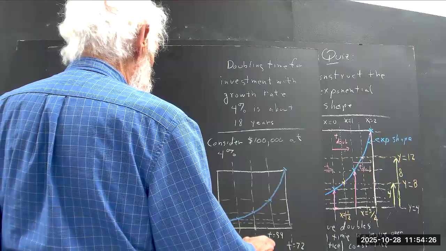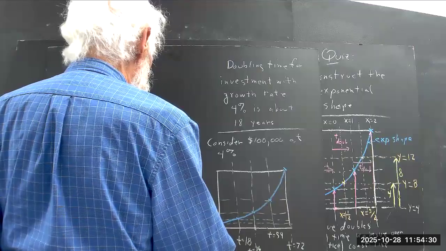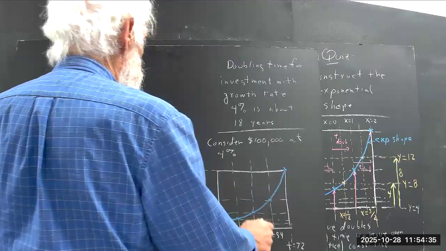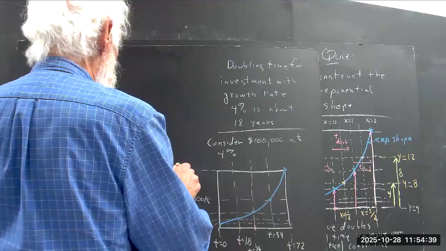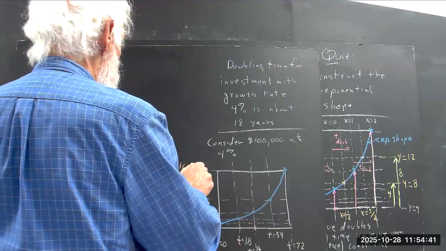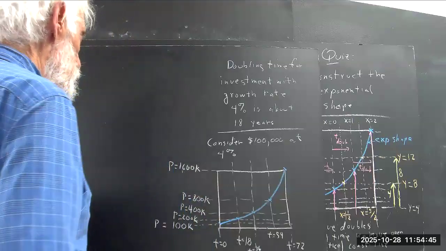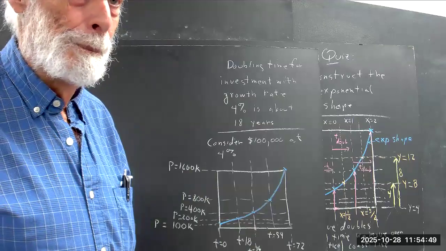Between t equals 36 and t equals 54, it goes up to 800,000. And between t equals 54 and t equals 72, it doubles once again, to 1,600,000 or 1.6 million.